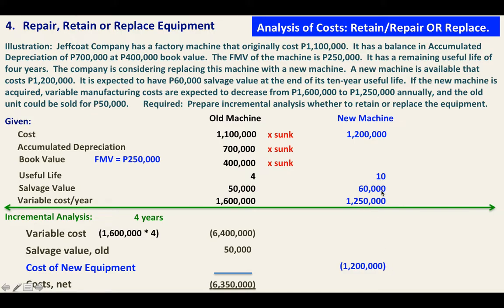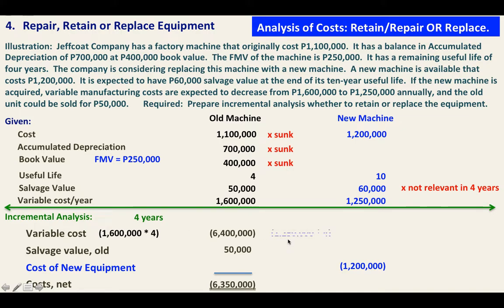Okay, 60,000, this is the salvage value after 10 years. So this 60,000 is not relevant in the period that we are looking at, which is 4 years. Okay. So another relevant and most important data is the 1,250,000. Okay? This 1,250,000 is the variable cost per year.